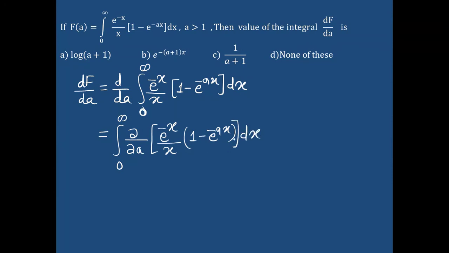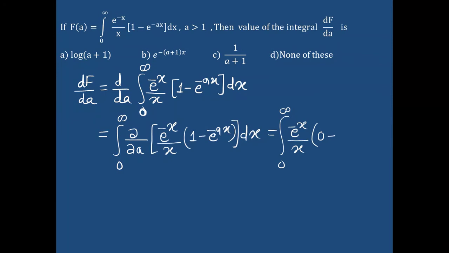Now let's differentiate partially with respect to a. When I am differentiating partially with respect to a, the other variable acts as a constant, meaning terms of x are constant. So it is the integral 0 to infinity of e raised to power minus x, which is constant, then x is also constant. So only this term is differentiable. Here the derivative of 1 with respect to a is 0 as it is a constant.